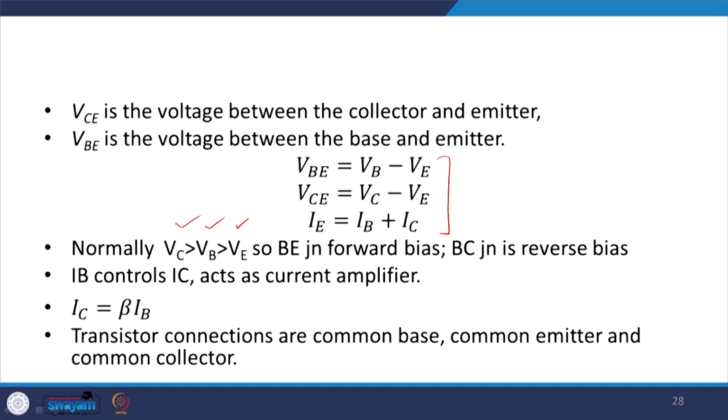The base current IB controls the collector current, and it acts as a current amplifier. So, basically the collector current is beta times the base current IB. For the transistor connection, there are various types of connections, namely common base, common emitter, and common collector.